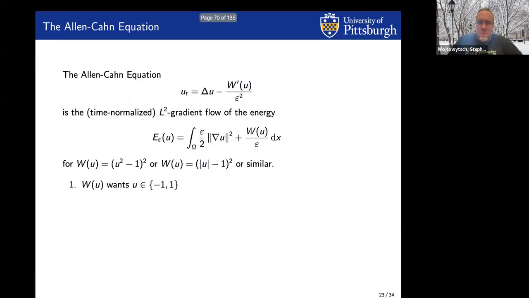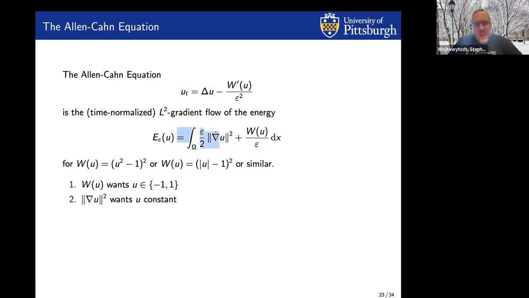So this term, W of u, wants absolute value of u to be close to 1. So this term wants u to take values just in minus 1, 1. The first term, on the other hand, wants u pretty much constant. We don't want fast transitions. We don't want fast changes.